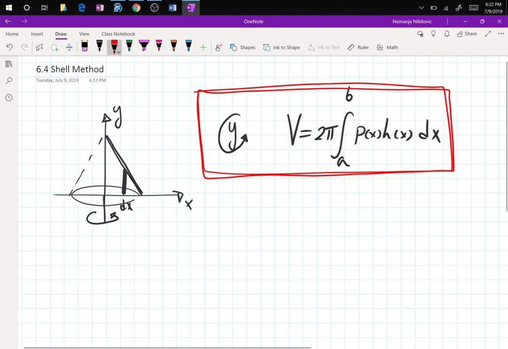So p stands for position, and h stands for height. Again, this is not in the textbook. This is a different, and I think clearer and easier, way to go about this.